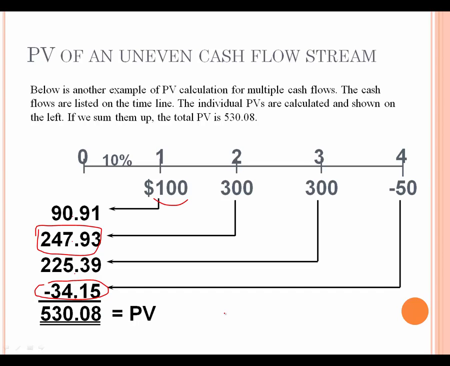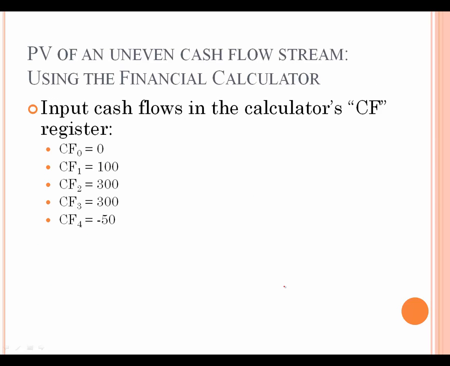You can also use a special function in your calculator to get the total present value of this series of uneven, or say unequal, cash flows. So in your calculator, if you are using a BA II Plus, this is how you enter these numbers into your calculator.